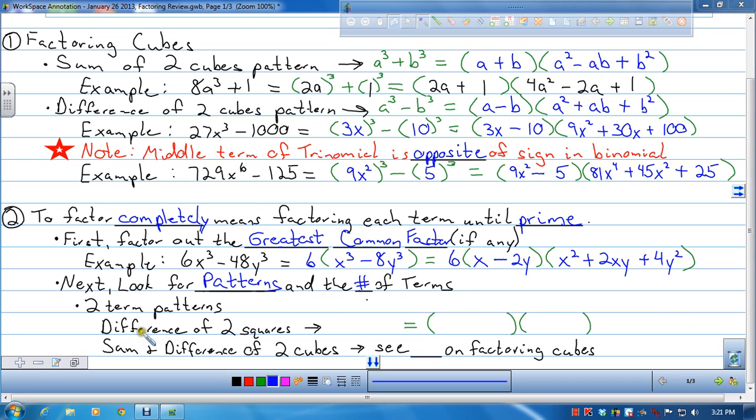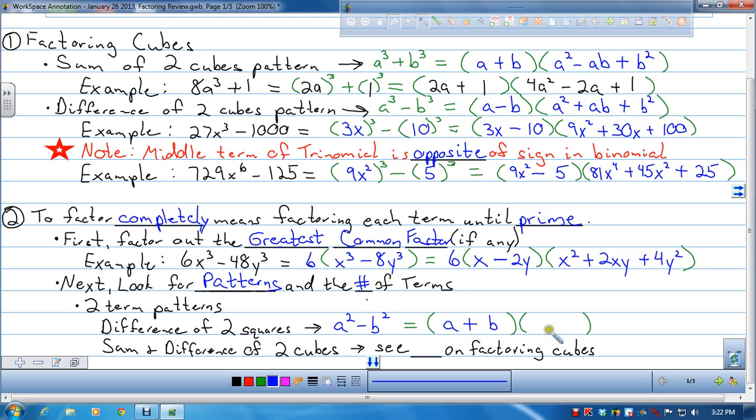So two-term patterns, real quick. This is the difference of two squares. Just do a real basic one here. If I have a squared minus b squared, when we say difference, remember it's subtracting. And this is a square and this is a square, so it's the difference of two squares. Remember, that pattern is just whatever I squared first, whatever I squared last.